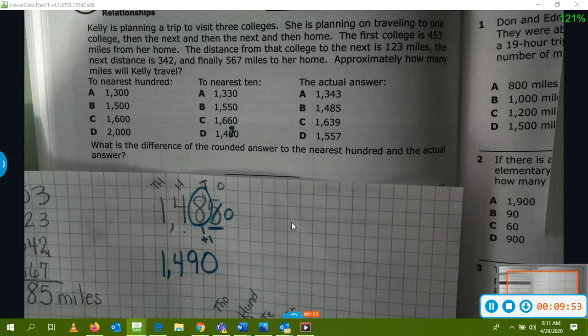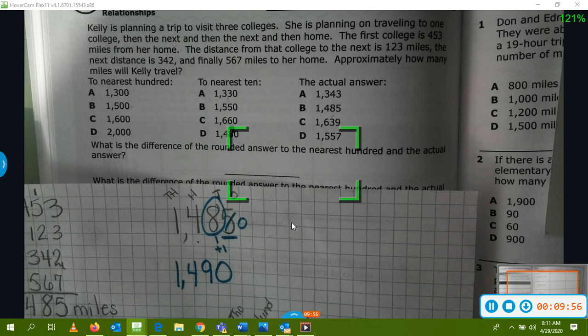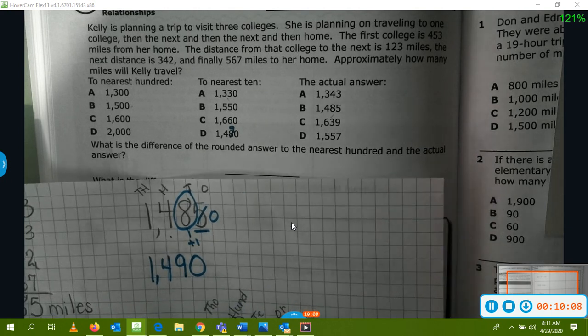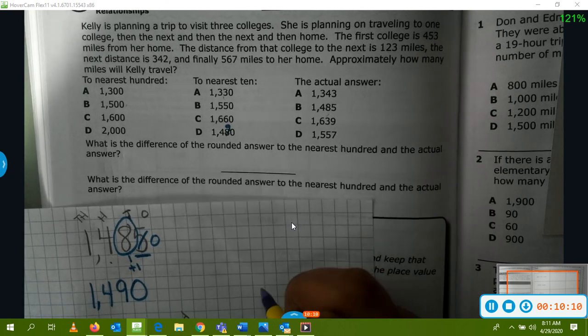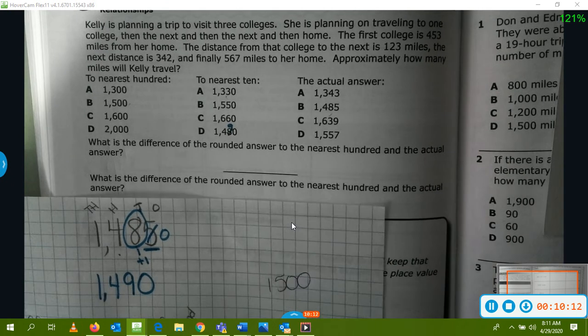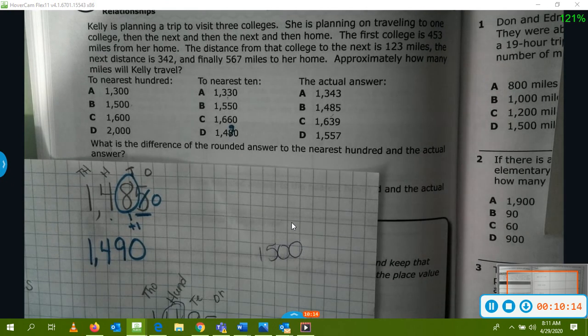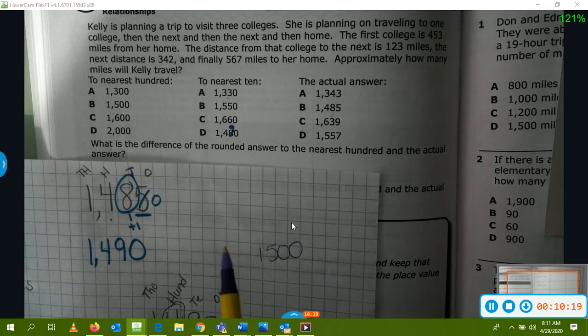Hey. All right, what is the difference of the rounded answer to the nearest 100 and the actual answer? So what's the difference? The difference means we need to do what? Subtract. So let's subtract. From 1,500 minus the actual number, which is 1,485.